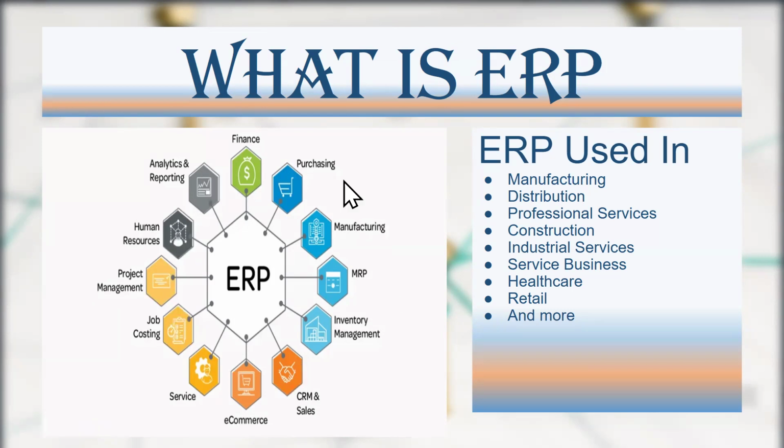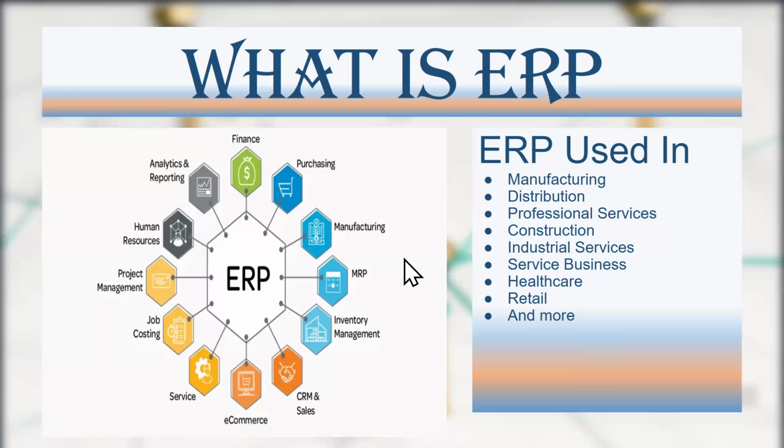Everything will be stored in this particular ERP system. This ERP will be used in different types of industries like manufacturing, distribution, professional services, construction, industrial services, healthcare, retail, and many more. So this is about the ERP system.